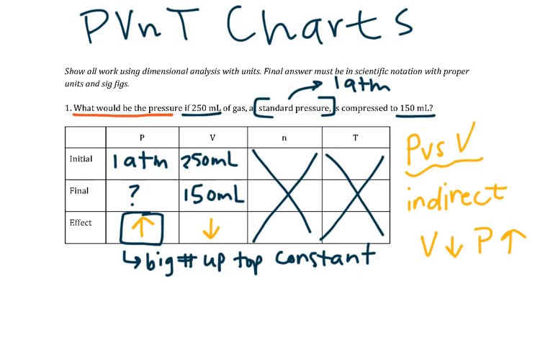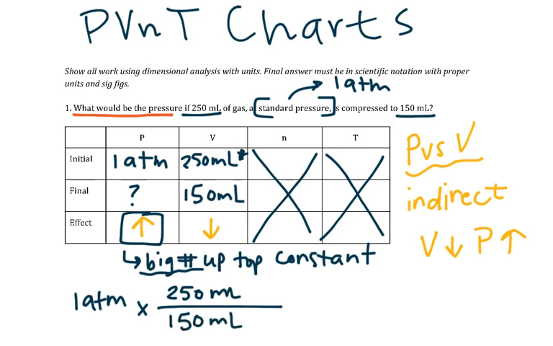So in my setup, you're going to start with your initial pressure, and we're going to set it up using dimensional analysis. Now big number up top, go to your volume, and we do 250, so that falls here, with 150 on the bottom.